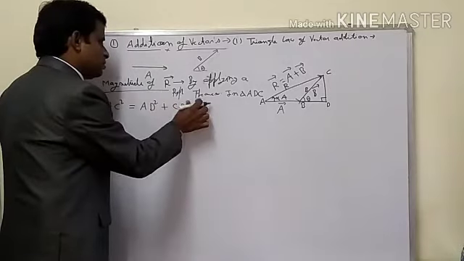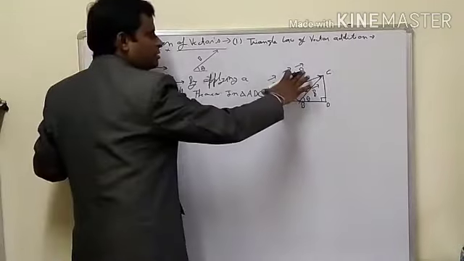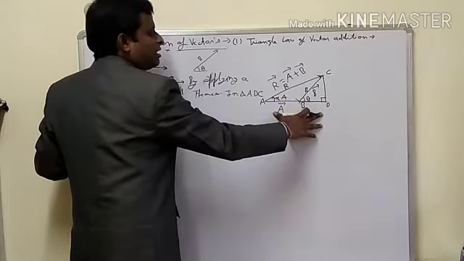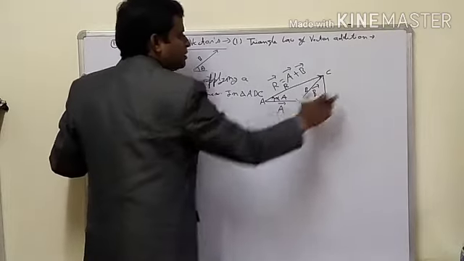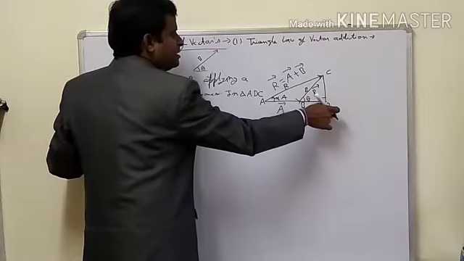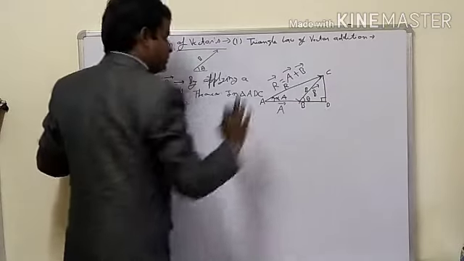This is the Pythagoras theorem. Hypotenuse square is equal to base square plus perpendicular square. This side AD is base and this side CD is perpendicular and AC is hypotenuse.